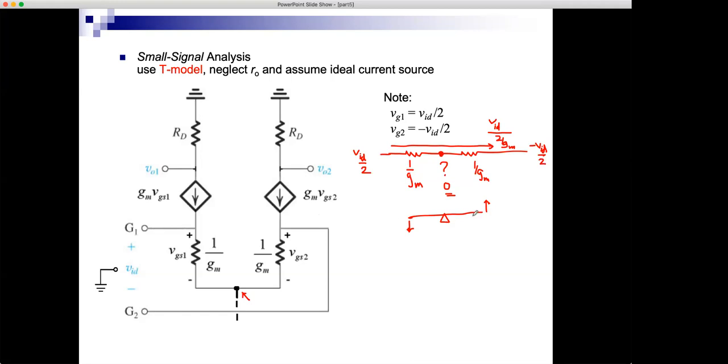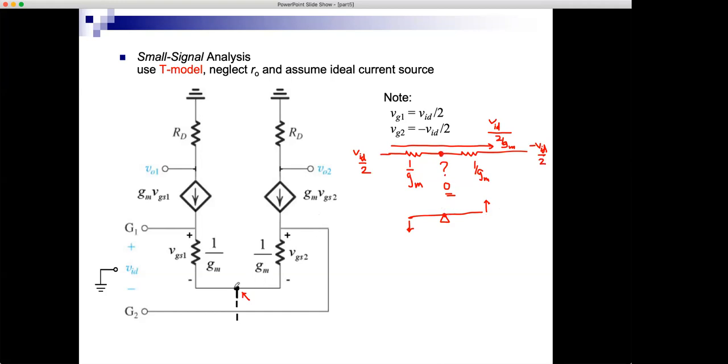Here in this circuit, this is the first gate, and this is the second gate. Because this falls or rises as much as this does, but in the opposite direction, the node in the middle stays at no change, no movement, no signal whatsoever.